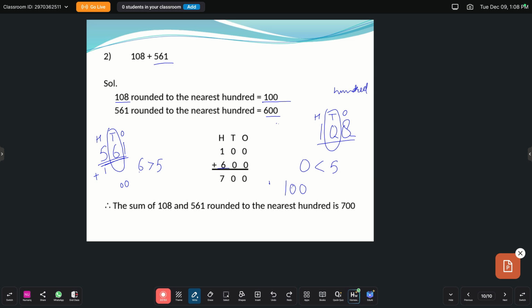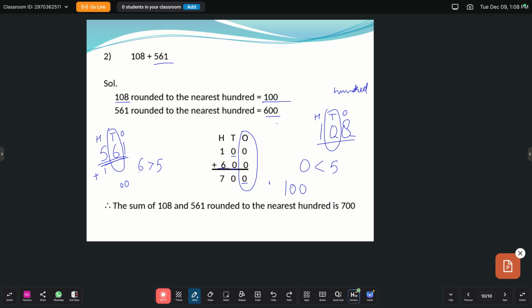Now, find the sum, add them. First you will add the addends in the ones column. Here we have 0 and 0 in both addends, so in the sum we write 0. Now, at the tens place, we again have 0 in the first addend and 0 in the second addend.